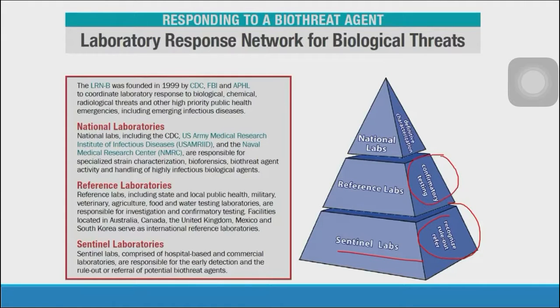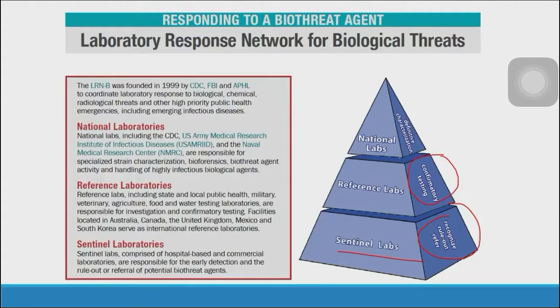Okay, so sila yung magpo-perform ng confirmatory testing. Usually, for confirmatory testing, ang ginagawa nila, gumagamit sila ng mga nucleic acid techniques or mga 16S rRNA sequencing. So usually, yun yung ginagawa nila, mga molecular techniques.